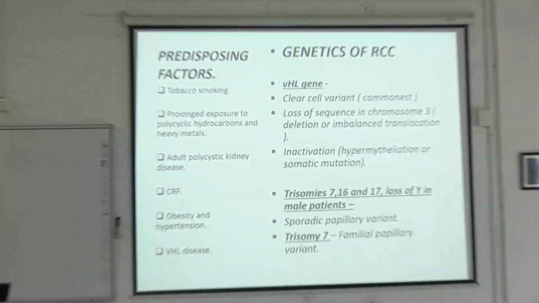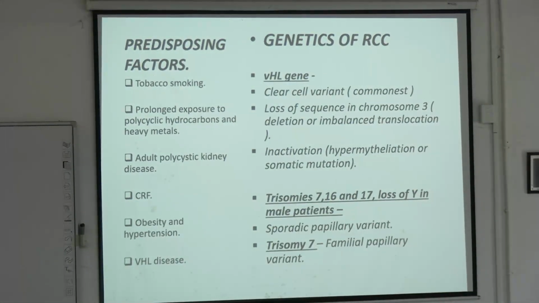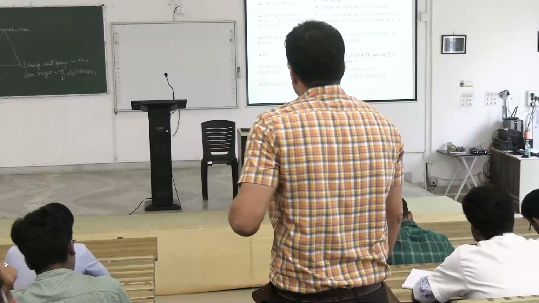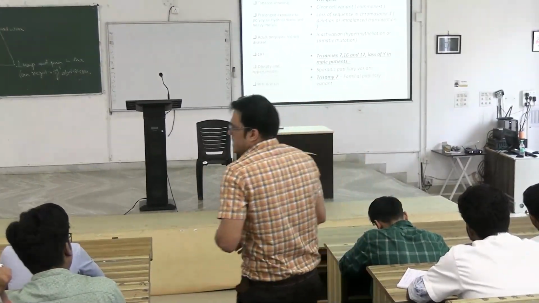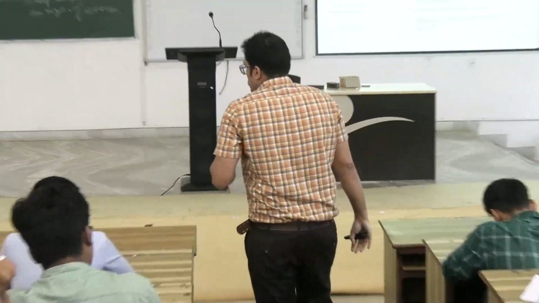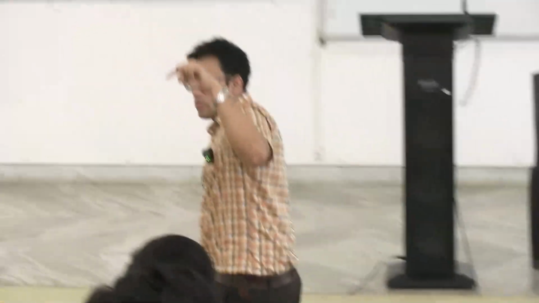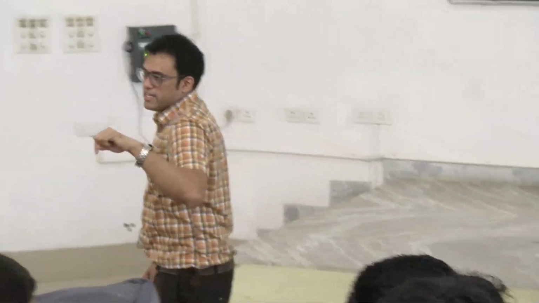So it can either be deleted, or there can be loss of sequence, whatever it may be, or there can be hypermethylation or somatic mutation which cause inactivation of the gene. So what VHL gene does, VHL downregulates a protein called HIF, hypoxia inducible factor. So when in physiological state, VHL downregulates HIF.